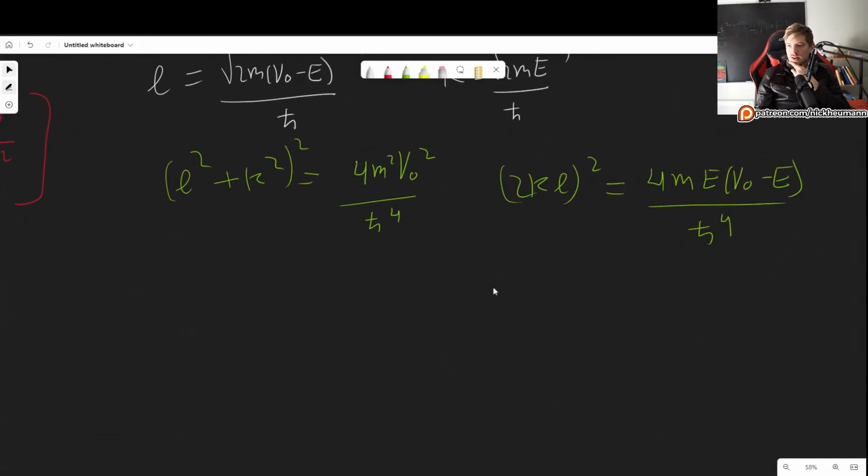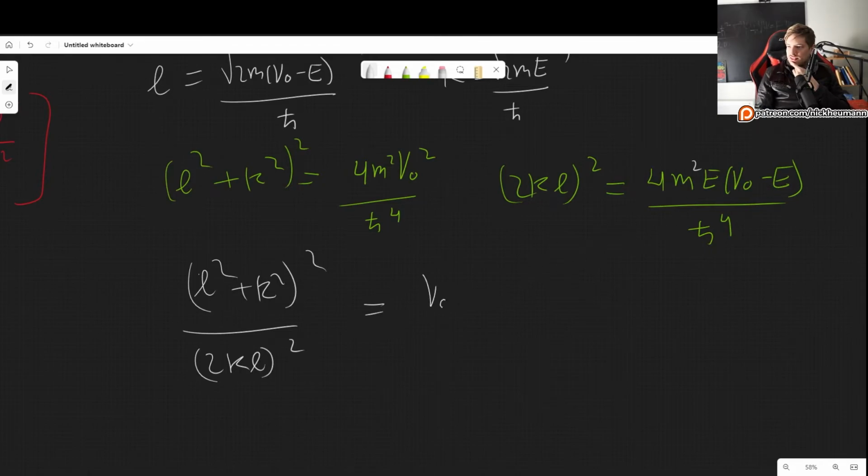So now we have to divide these two: (L squared plus K squared) squared divided by (2KL) squared. Let's see, we have V0 squared. This and this will cancel out, the h bar will cancel each other out, and we will have V0 squared divided by E(V0 minus E).